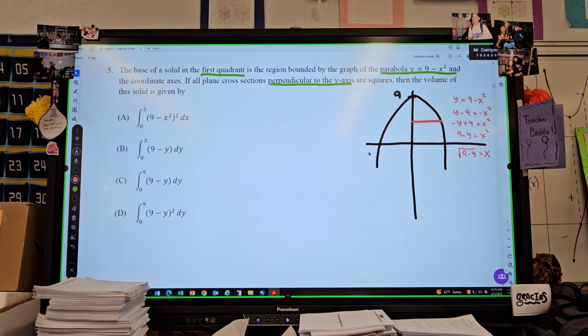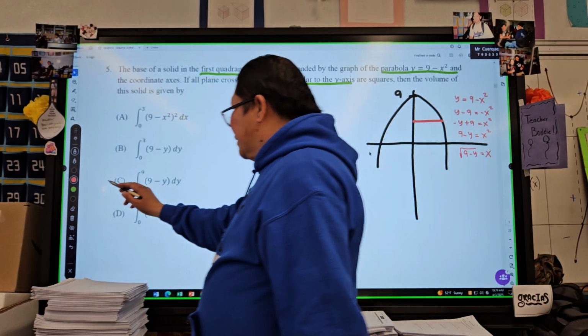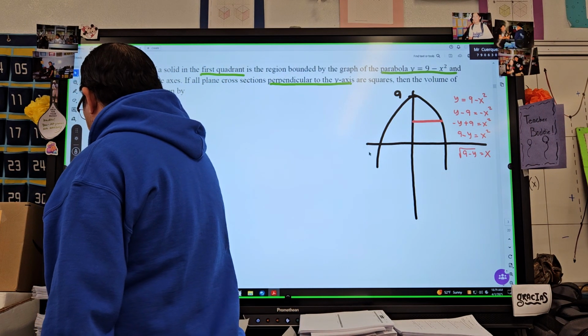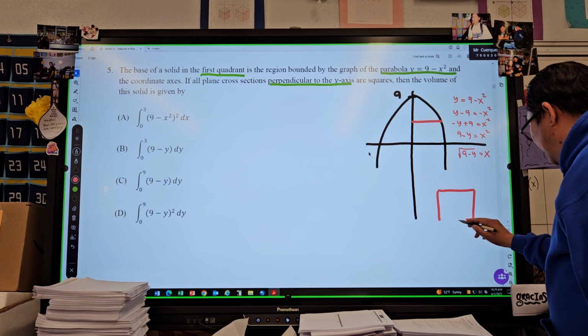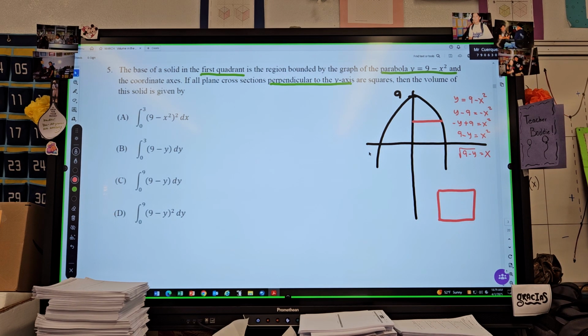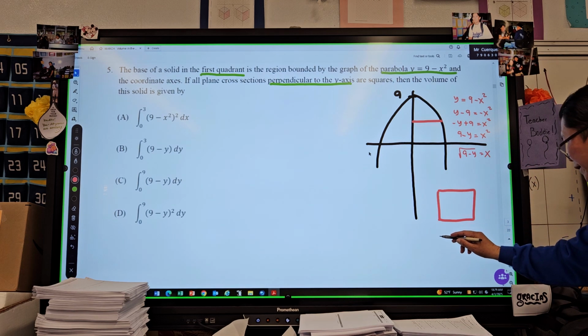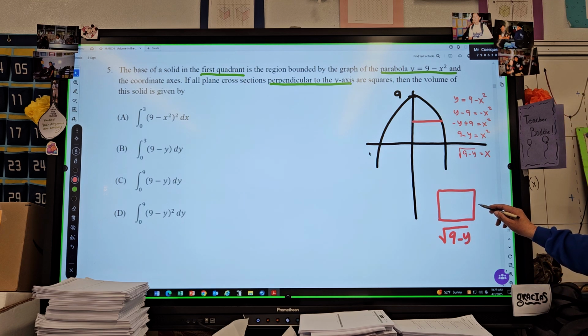Since the cross sections are perpendicular to the y-axis, if this is a square, then the side of the square is this one. So this is square root of 9 minus y, and this is also square root of 9 minus y.